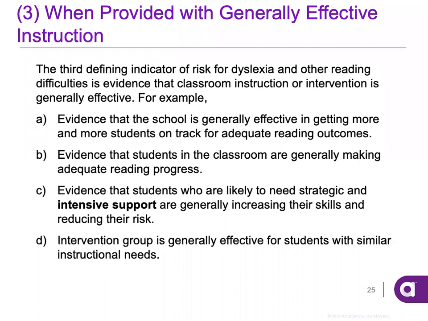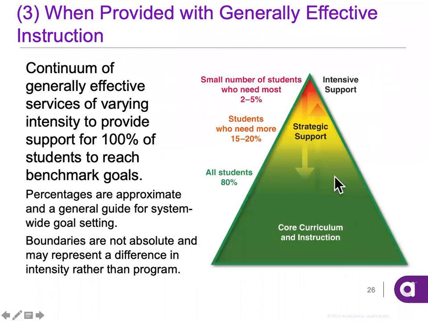So how could you quantify generally effective instruction? Well, in an MTSS model, that could be if you are getting the majority of students, 80% or more, to the Acadience reading benchmark goals with first reading instruction only. If you're getting the majority of students to be readers, if you're getting them to the reading expectations or benchmark goals, that's good evidence that your system is providing generally effective instruction.